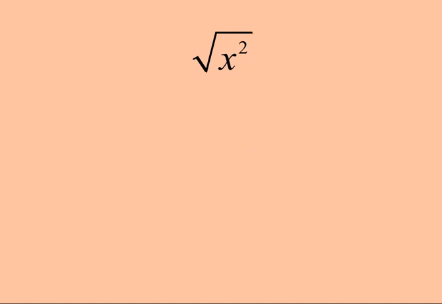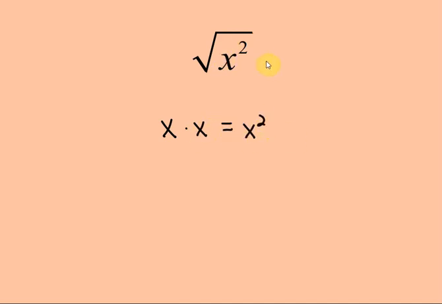When dealing with variables, any variable with an even exponent is considered to be a perfect square. To take the square root of a variable, we ask ourselves the same thing. What can we multiply times itself to get, in this case, x squared? Well, x times x would give us x squared.